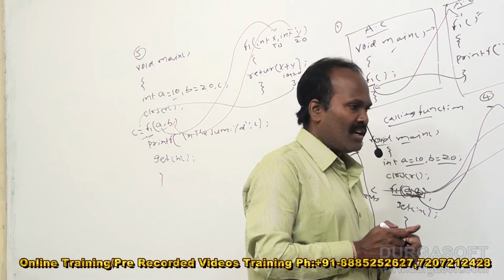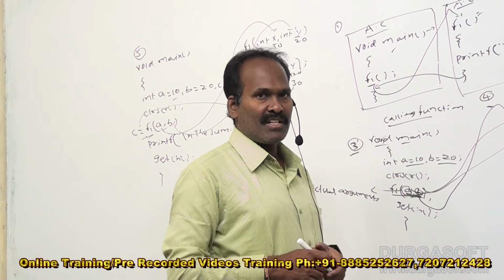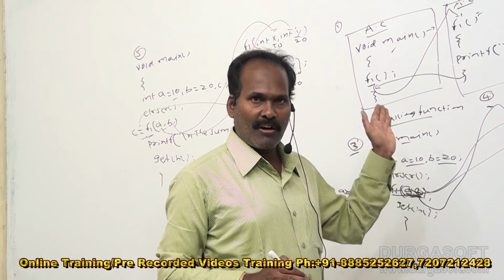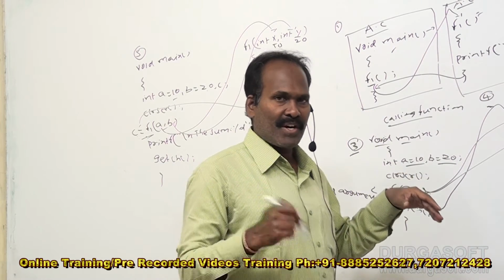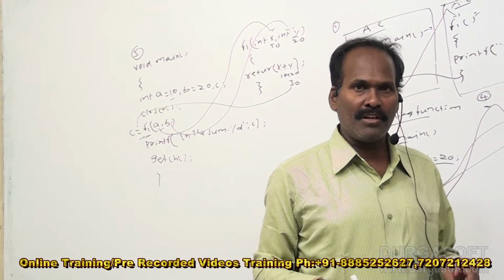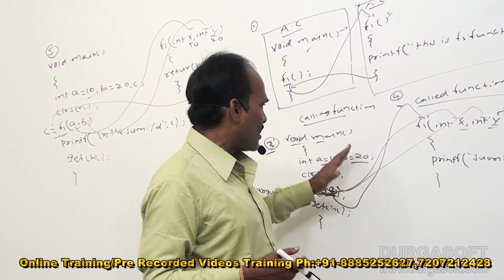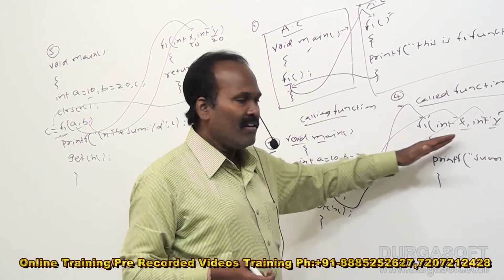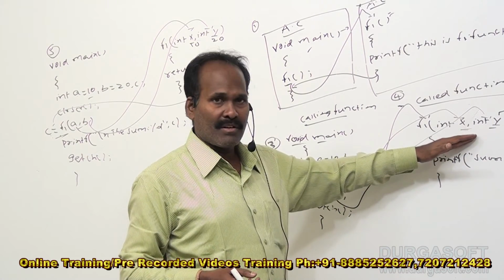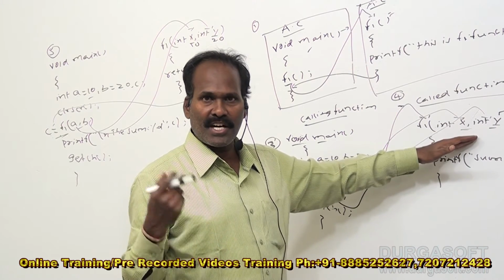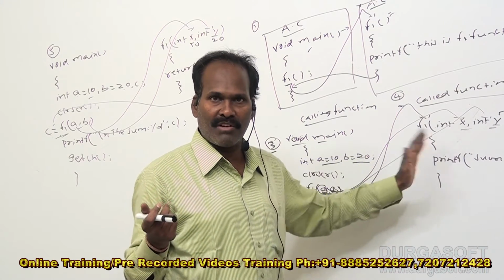First category is what? There is no data communication between the calling and called function. Means a function without arguments and without return values. Second category, only one-way data communication. Means the calling function will be sending arguments to the called function, but the called function does not return any value to the calling function. So this is one-way data communication.